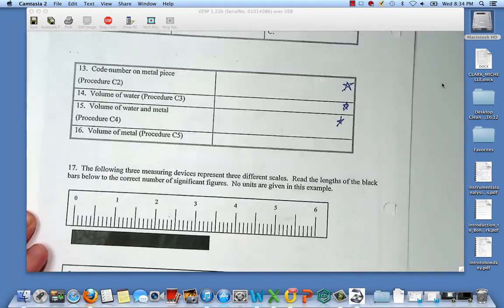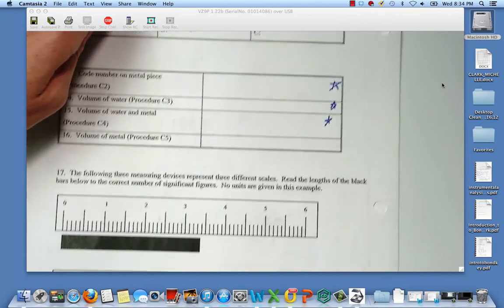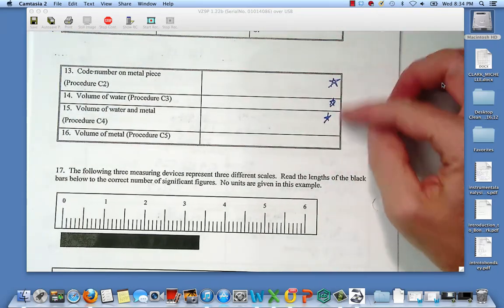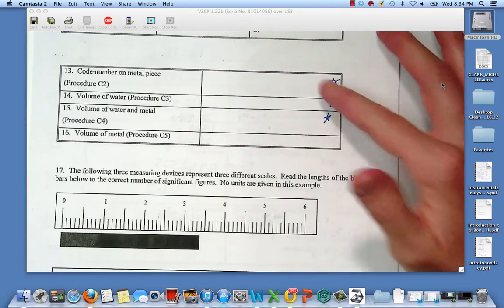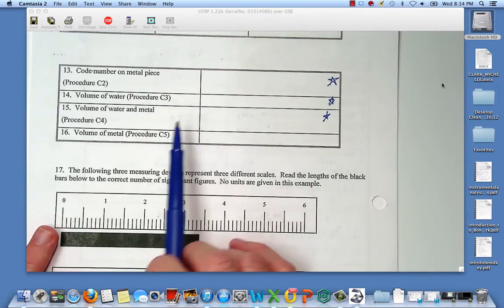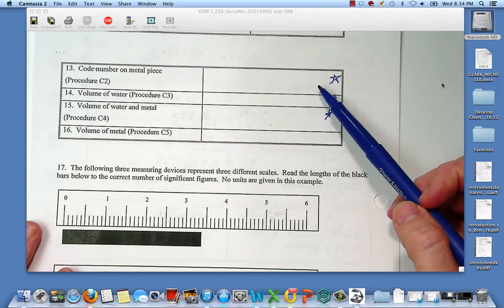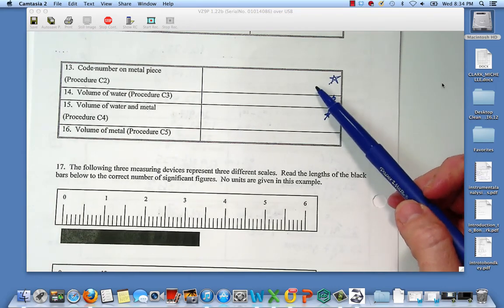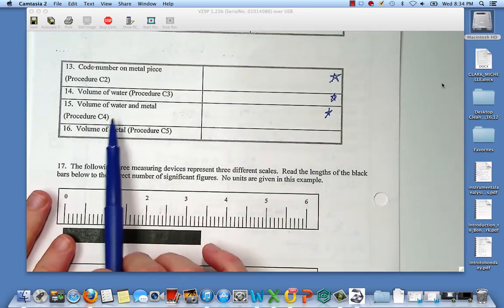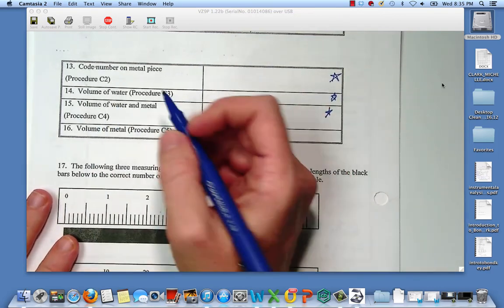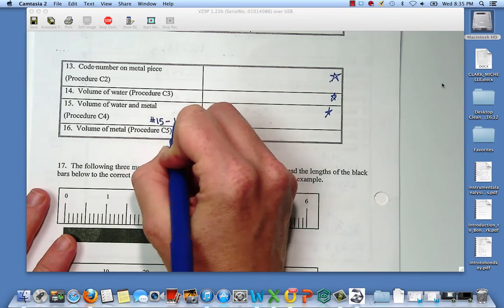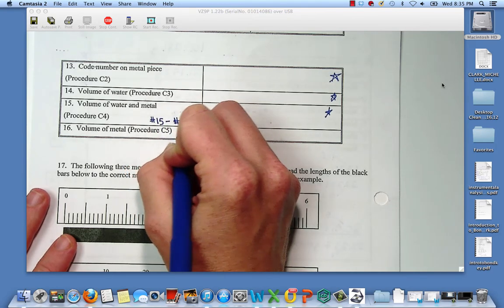All right. On the next page, I'm not going to do this one with you, but I'm going to warn you, watch your sig figs on this one. I usually get a lot of students who add another 0 after this one. You're going to be subtracting number 15 minus number 14 to get that answer.